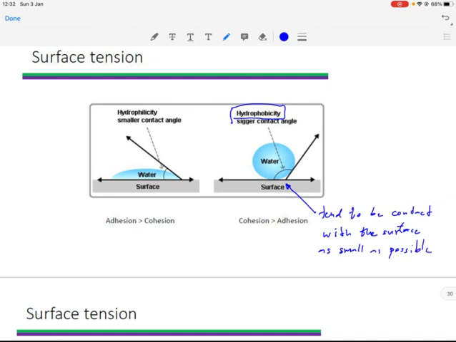And in this case, the cohesion between water molecules dominates.